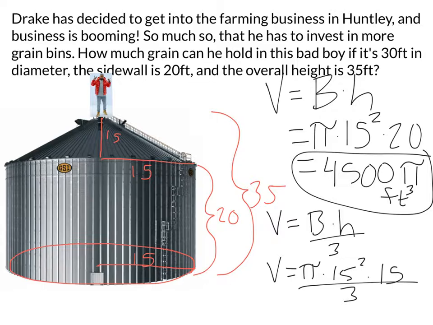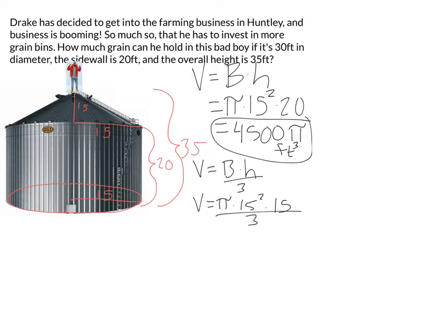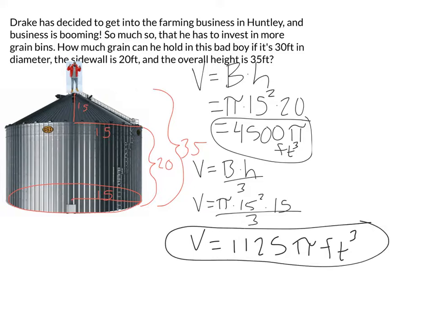That gives me, let me get a little more space. There we go. So my volume is 1,125 pi feet cubed. Okay, so that's the conical part, the cone up top.